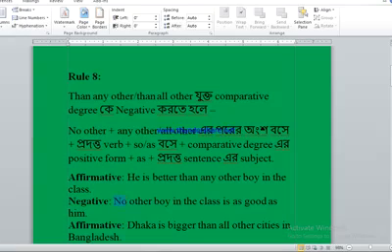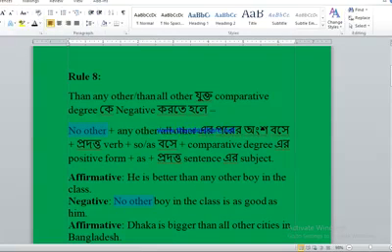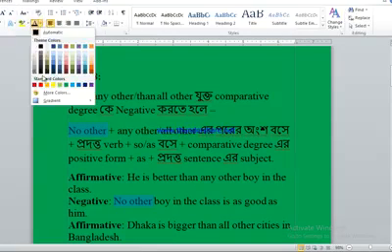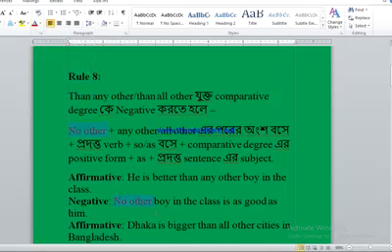At the very beginning of the negative sentence you will use "no other", then "boy in the class".